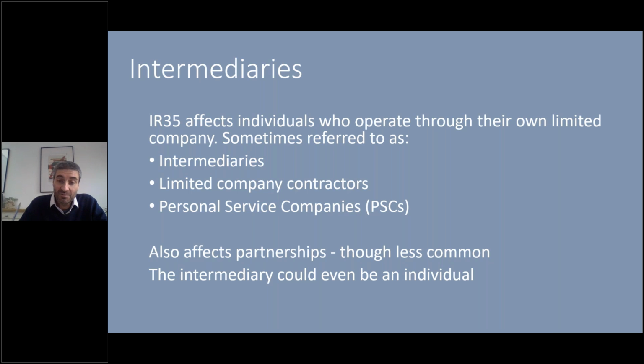Funnily enough, this term intermediaries is where we ran into problems with the legislation, because it began to be used in the legislation for almost anything in the supply chain. So it could be an agency, an umbrella company, a limited company, or an individual, and working out exactly who the intermediary is and where the tax should be deducted is where the problems lie in this area.